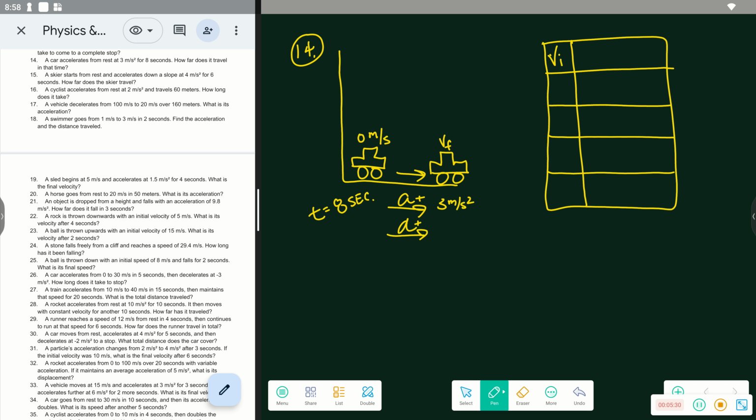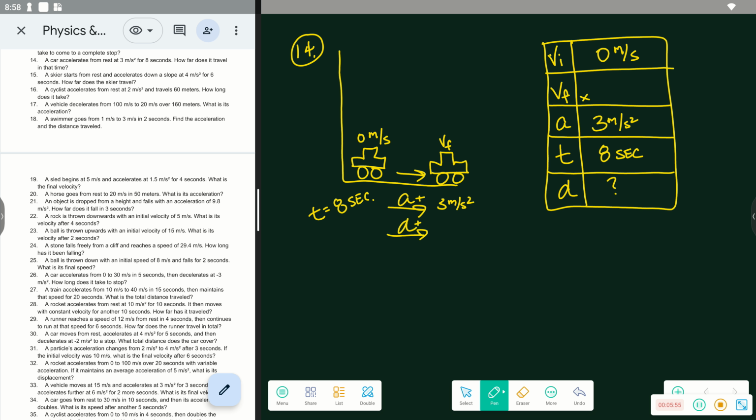So VI, VF, A, T, D. Your initial velocity is 0. Your final velocity you don't have and you don't need. 3 meters per second squared for acceleration. And your time is 8 seconds. And what are you solving for? You're solving for how far it travels. What's its displacement?